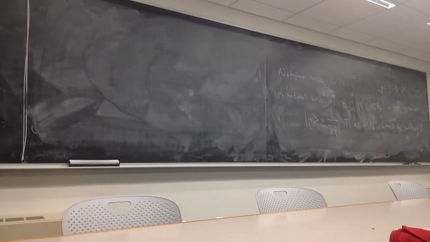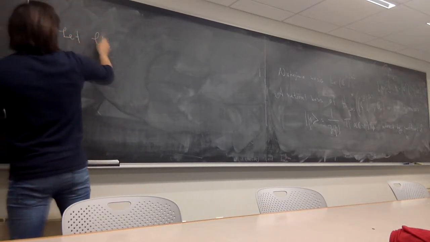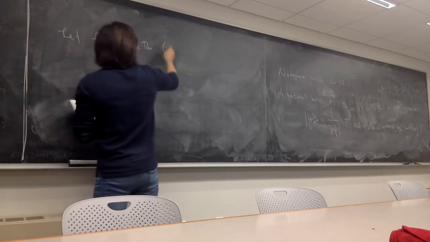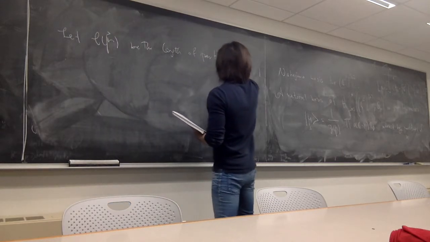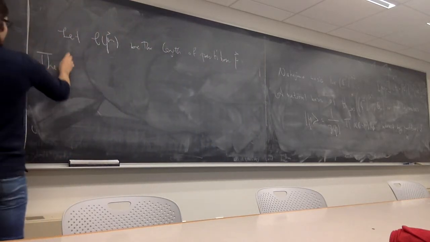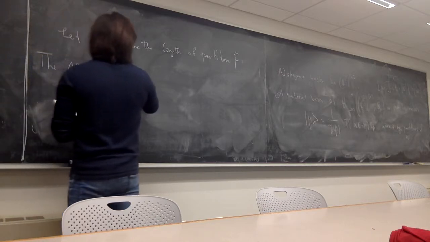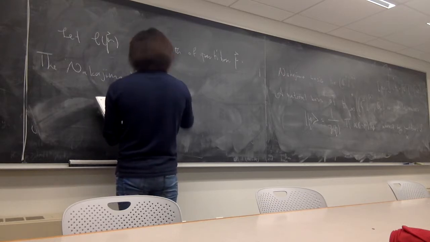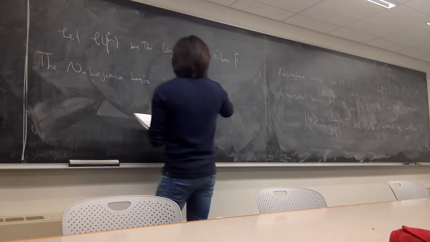So let L of mu be the length of partition mu, the Nakajima basis. The Nakajima basis here is defined as before.